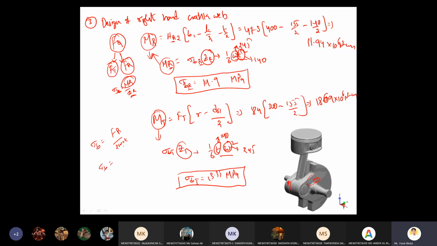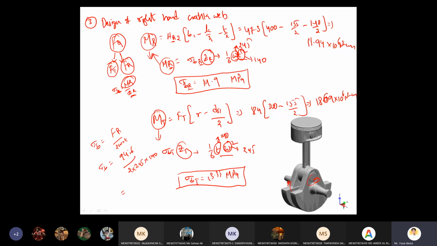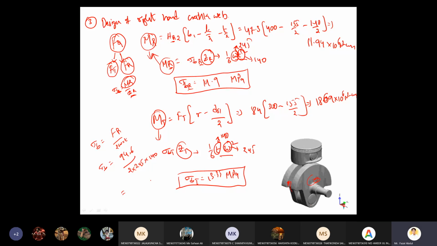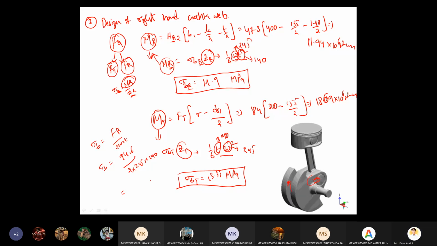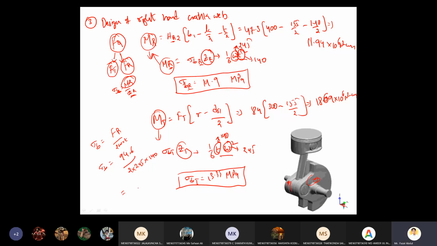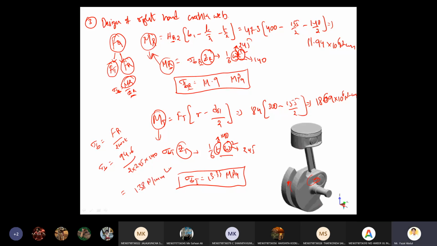FR we calculated 94.6, so 94.6 by 2 into 245 into 140. That is 1.38 Newton per mm square, nothing but megapascal.